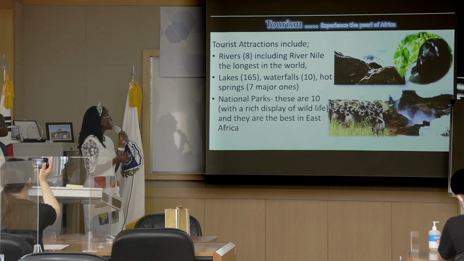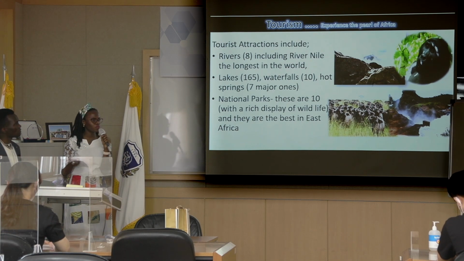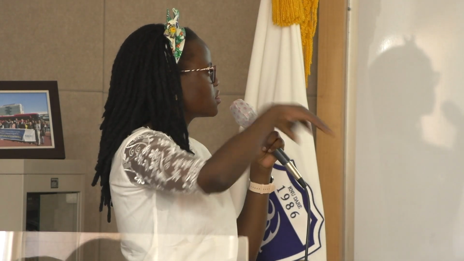And we have the waterfalls, most popular being Bujagari, where the Nile River pours out to other countries. And this helps us to make hydroelectricity. We actually supply a lot of hydroelectricity to our neighboring countries.